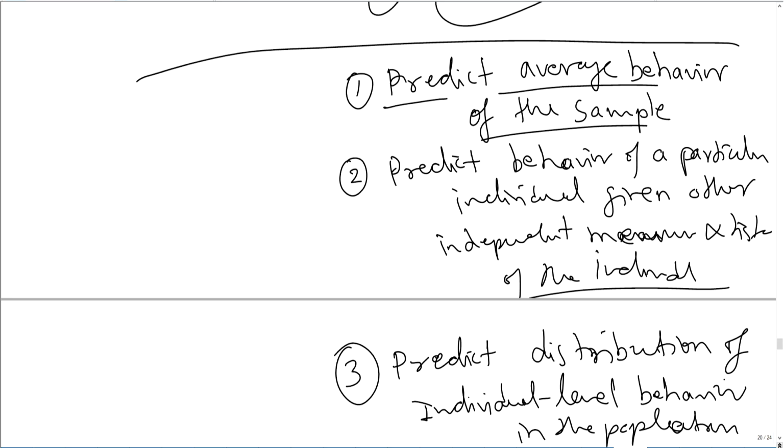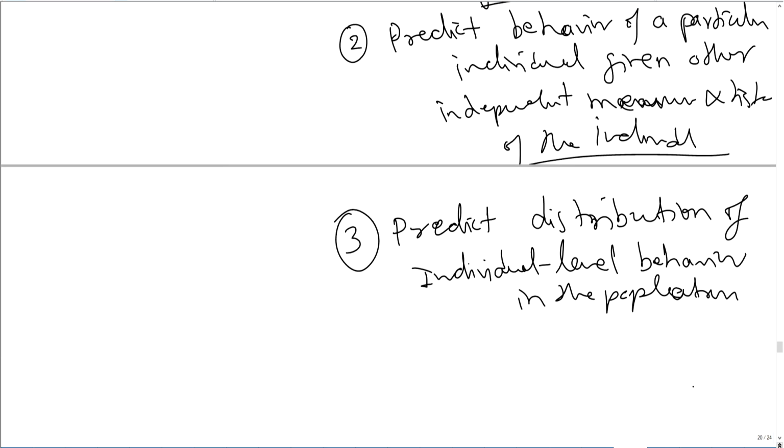This is exactly what we were discussing. So, for example, you can have a model that predicts that all individuals in the population would vary in their effect size, but all of them would show a positive effect. So, that is a prediction about the distribution of individual level behavior.